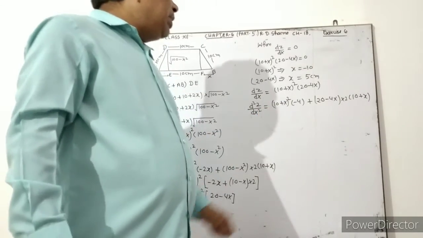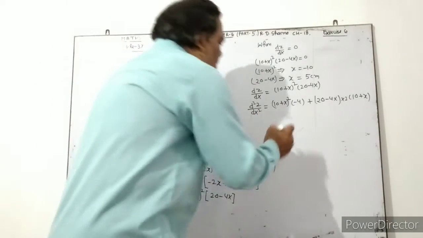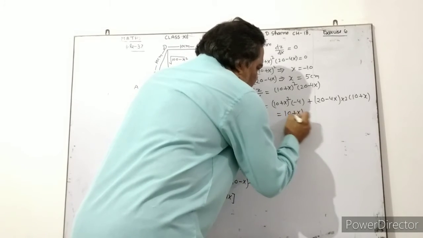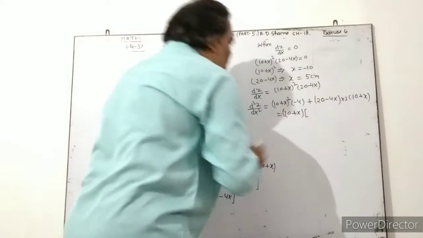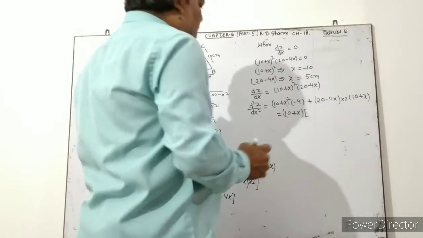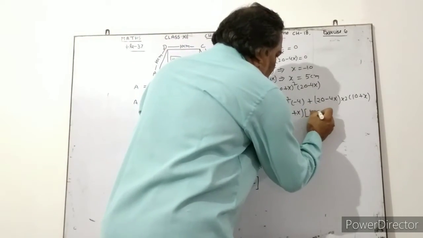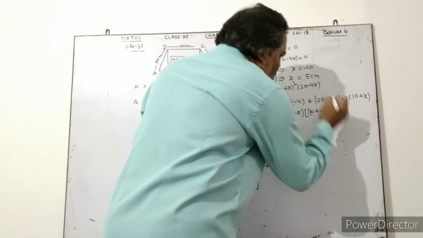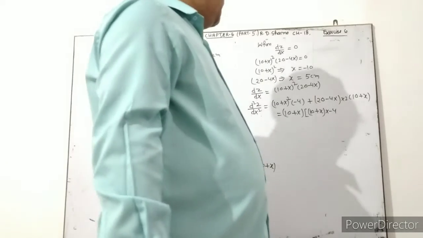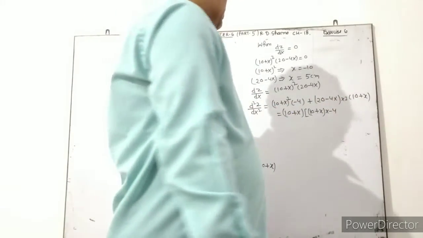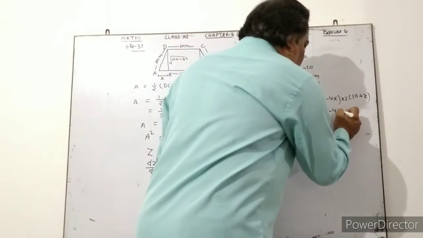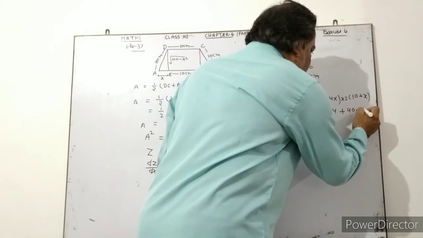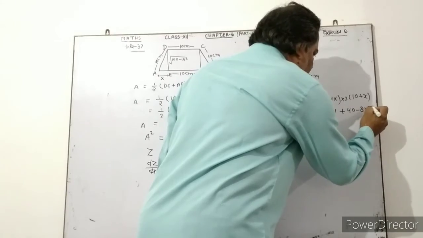Now we take 10 plus x as common. 10 plus x is the common. And what is the remaining here? 10 plus x into minus 4. And 10 plus x is the common. And 2, this is the 40 minus 8x.